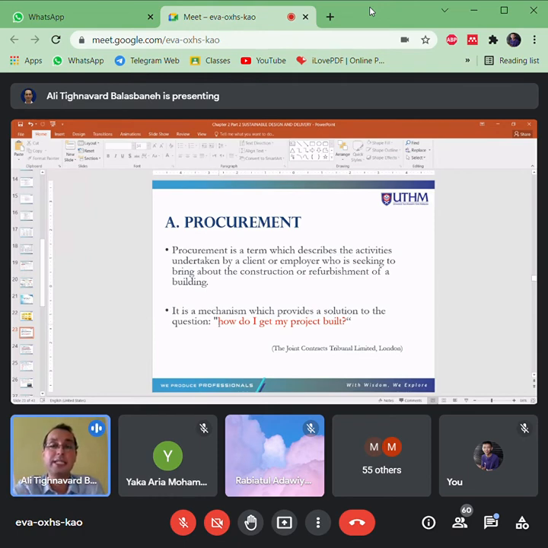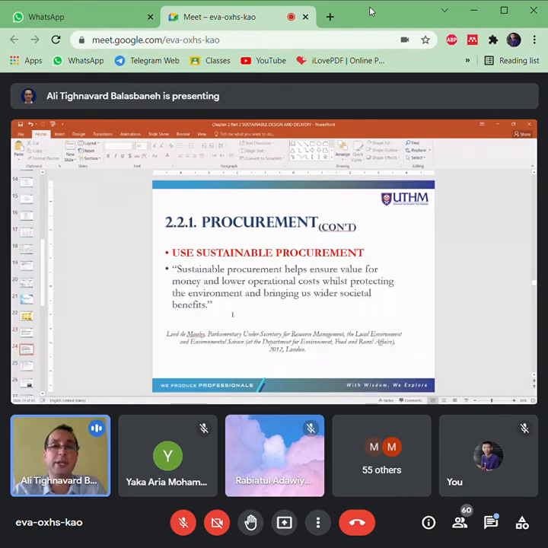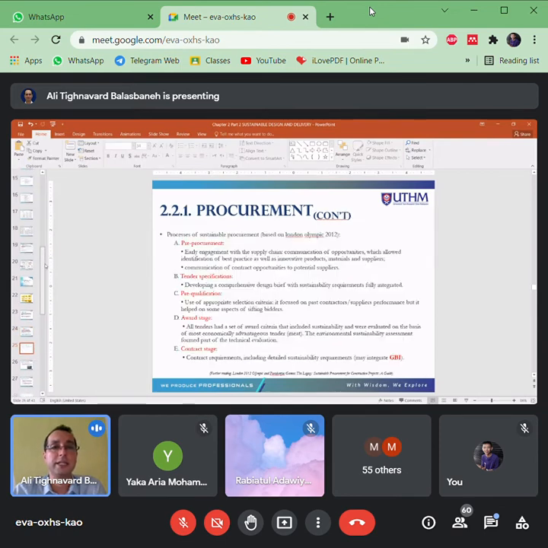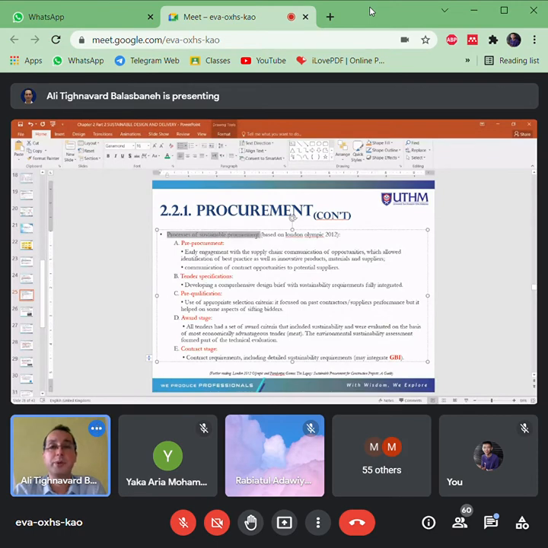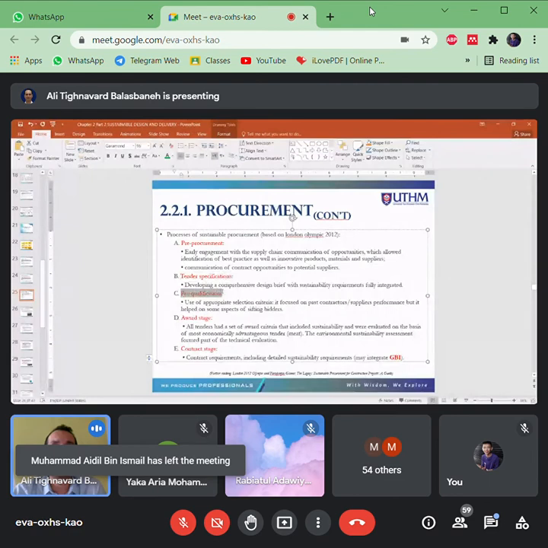So this stage is the same but related to another category. I think you can read this very clear definition. So the process of sustainable procurement: tender specification, pre-qualification, award, and contract stage.